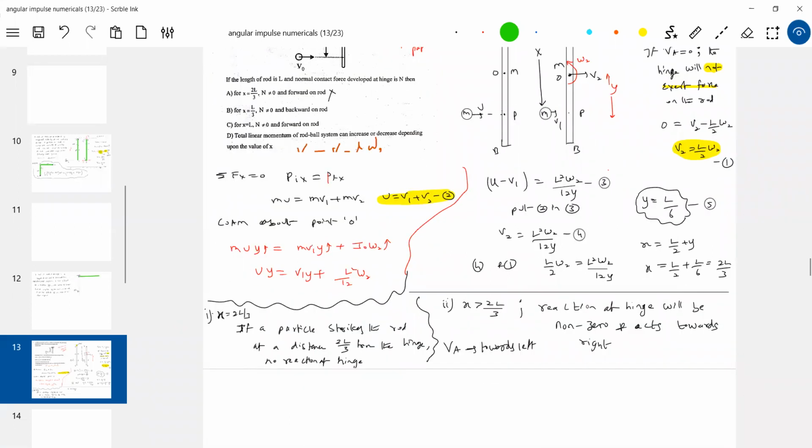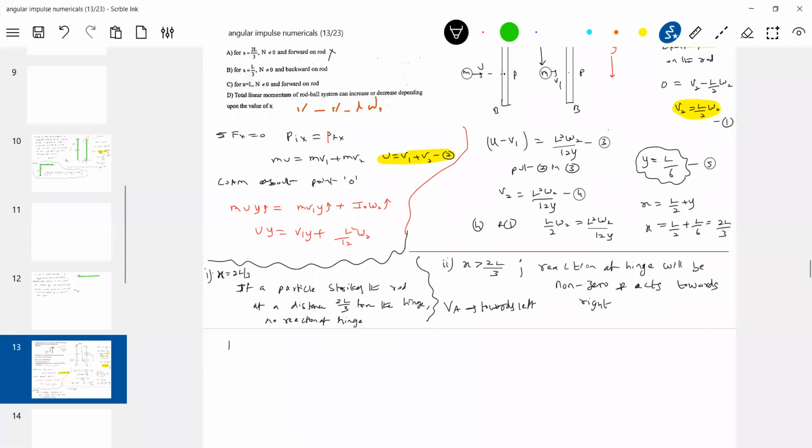So now x less than 2L/3, the velocity of point A will be towards the right, and the reaction at the hinge will be towards the left. Got the idea?